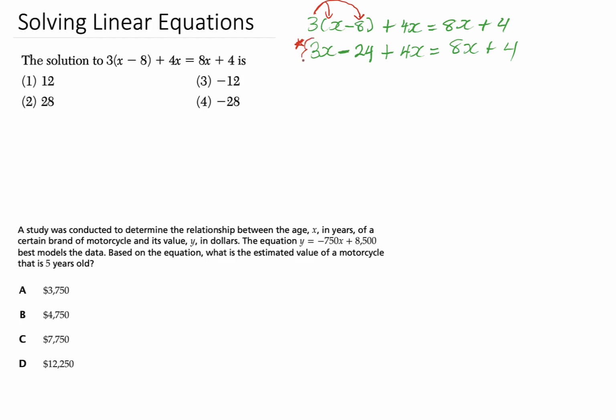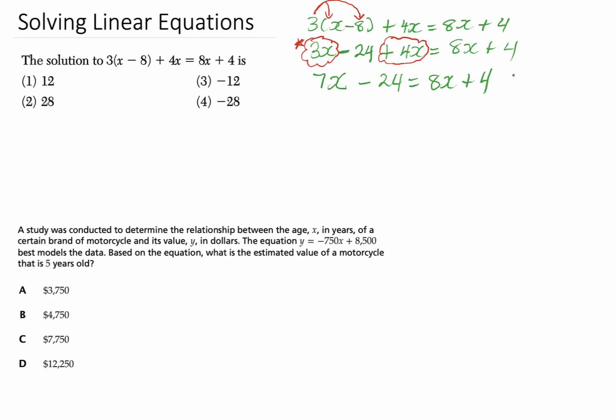I see the 3x and the 4x, with a plus sign that I'm taking with me. Combine means to add, so 3x and 4x together give you 7x. I'm going to bring down the minus 24 equals 8x plus 4.